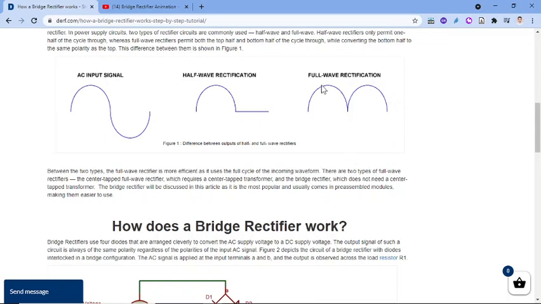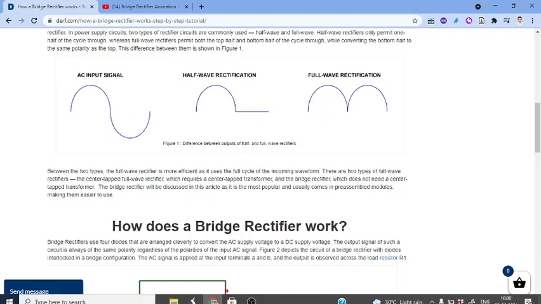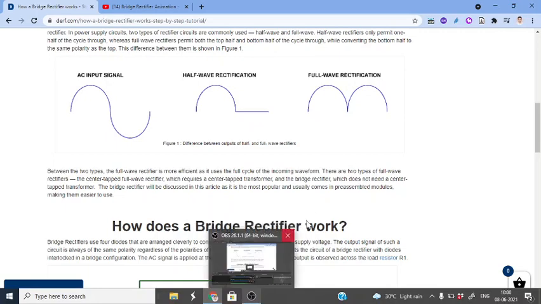So we can say that we will get positive voltage for both the input waves. So we can say that this is full wave, but here you can see that there is a fluctuating. So we say that this is a fluctuating output current.